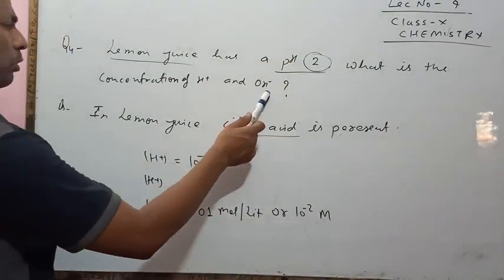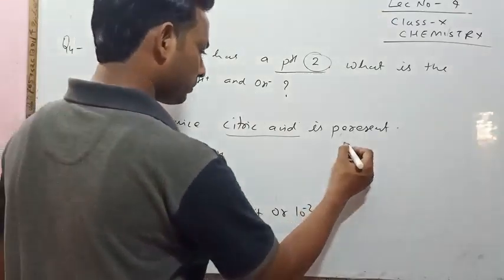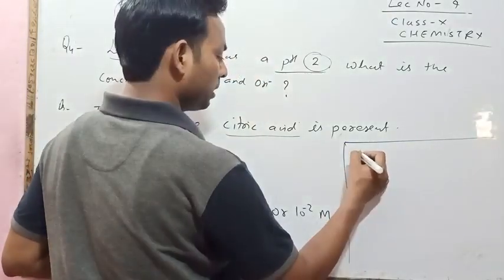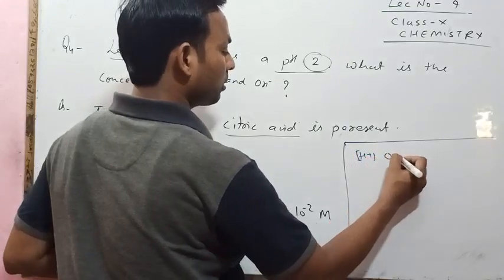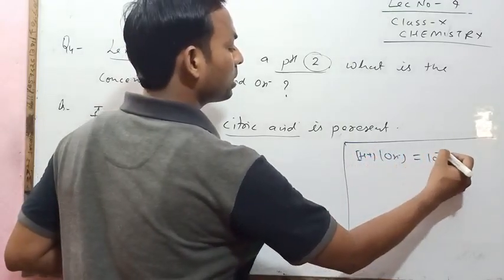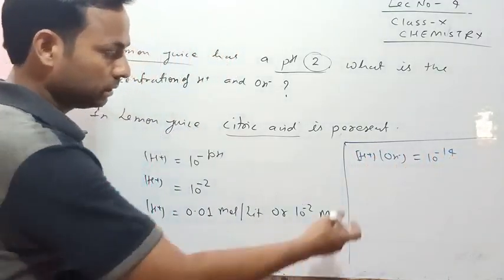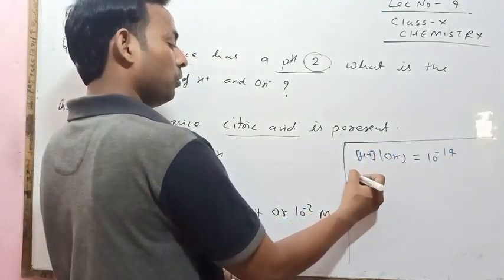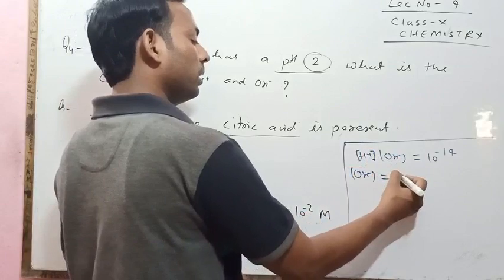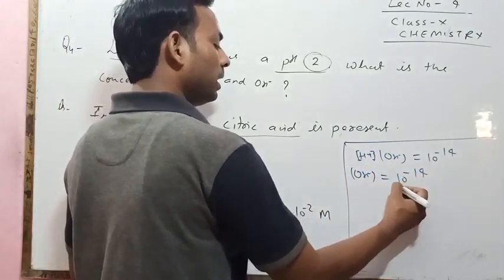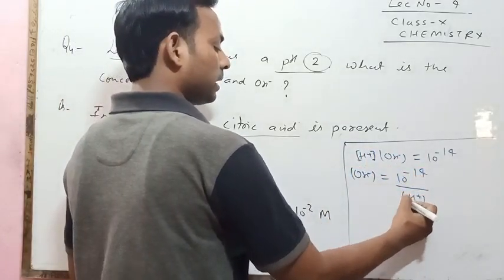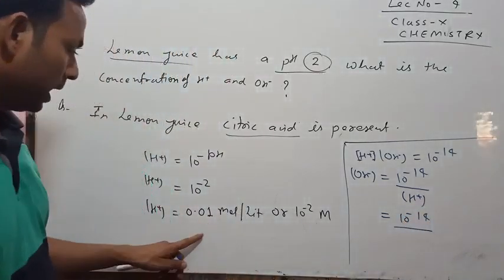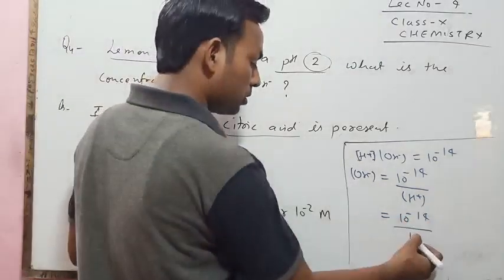Now one more question asking the OH ion concentration. You know H plus concentration times OH ion concentration equals 10 to power minus 14. This is also a relation between the H plus and the OH ion. So OH ion concentration equals 10 to power minus 14 upon H plus concentration. So 10 to power minus 14 upon H plus value, given 10 to power minus 2.